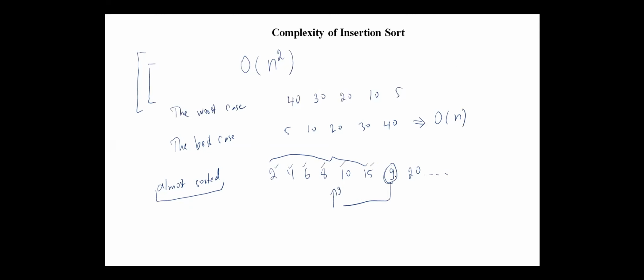Only here we need to insert it in its correct position. And again, for these elements, the internal loop will not act, and it's needed for inserting this element in its correct position, etc.